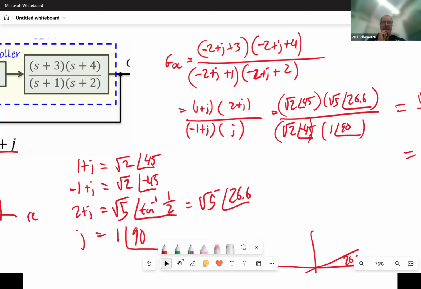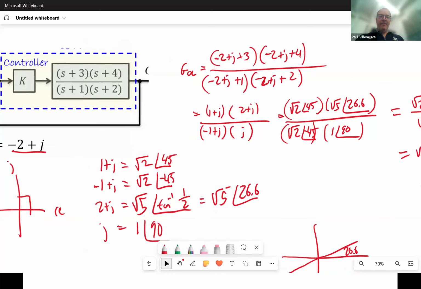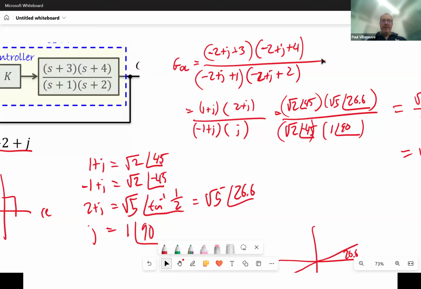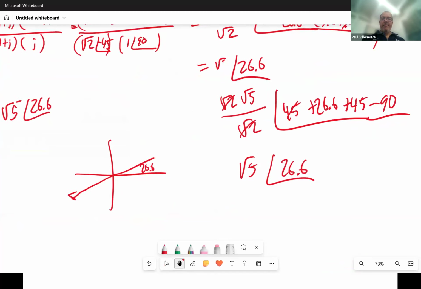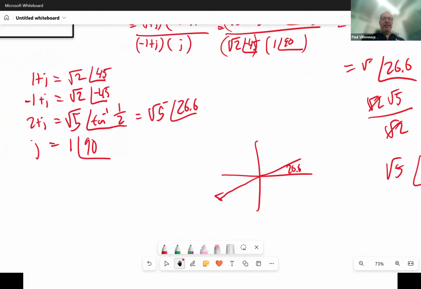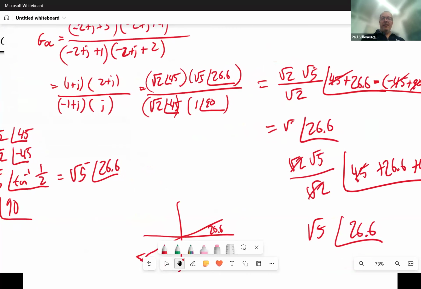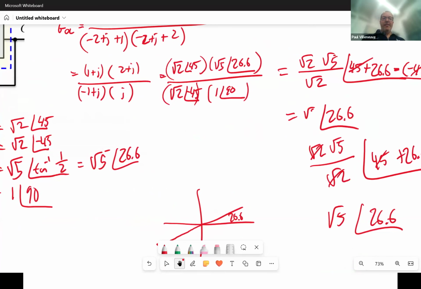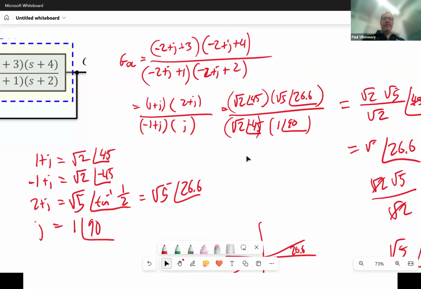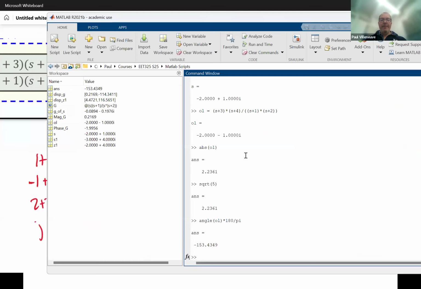Square root of 2 at an angle of minus 45. I'm not sure why this is 180 degrees out of phase. Did I enter it correctly?